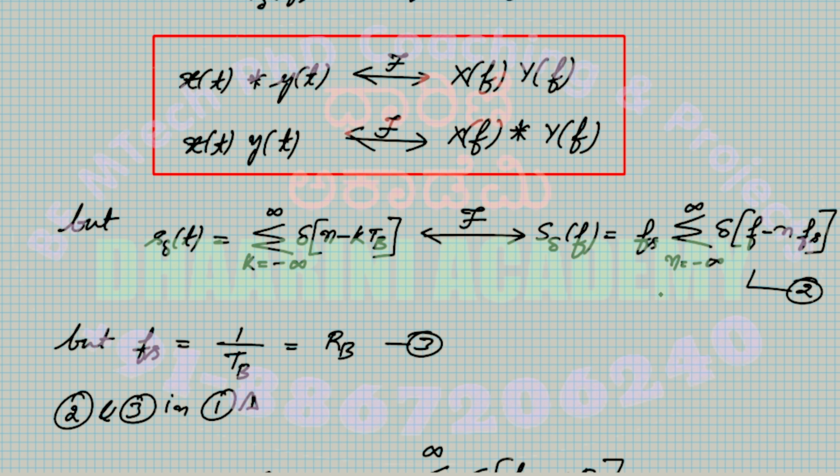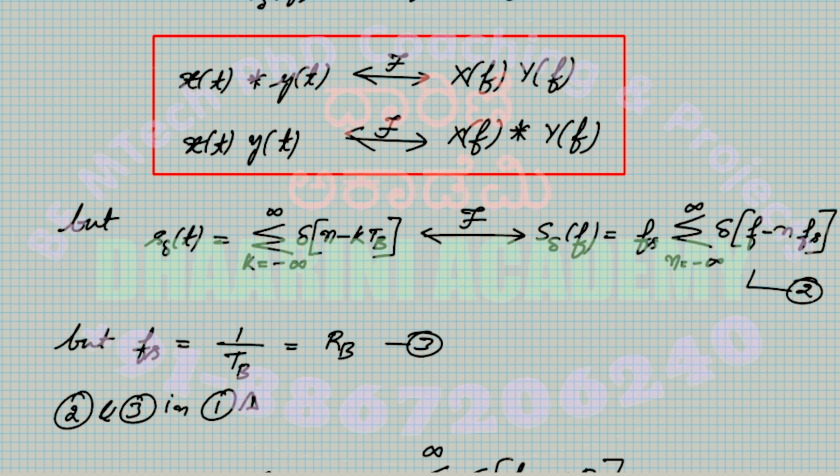So from our basics, we know that 1 by time duration is a frequency, right? So that's equation number 3. You take 1 by time, you get a frequency. I hope it is fine.